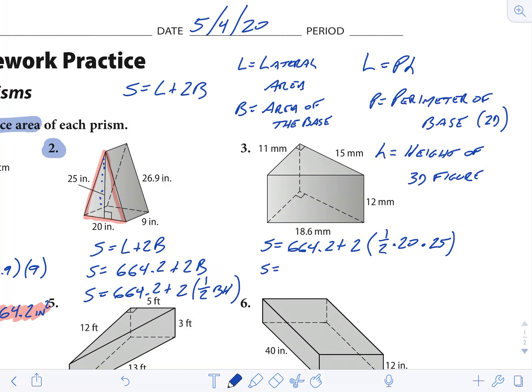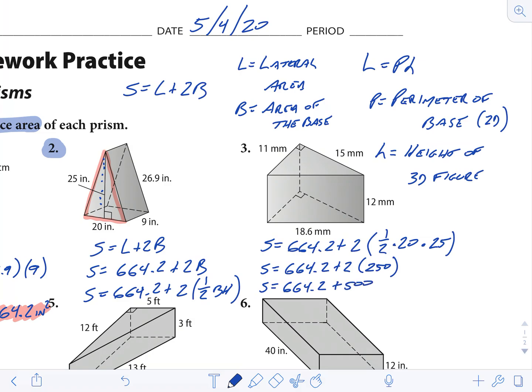So now S equals 664.2 plus 2 times 1/2 times 20 times 25, which would be 250. Now I multiply. S equals 664.2 plus, order of operations says 2 times 250, which would be 500.